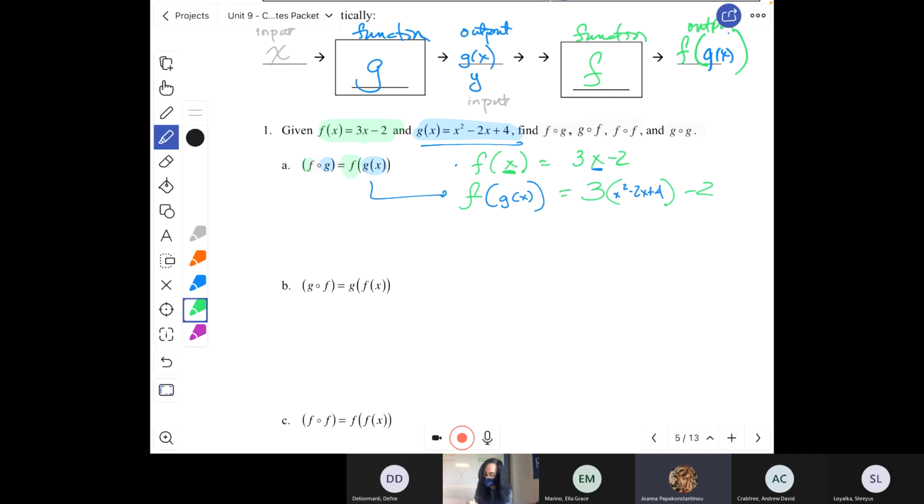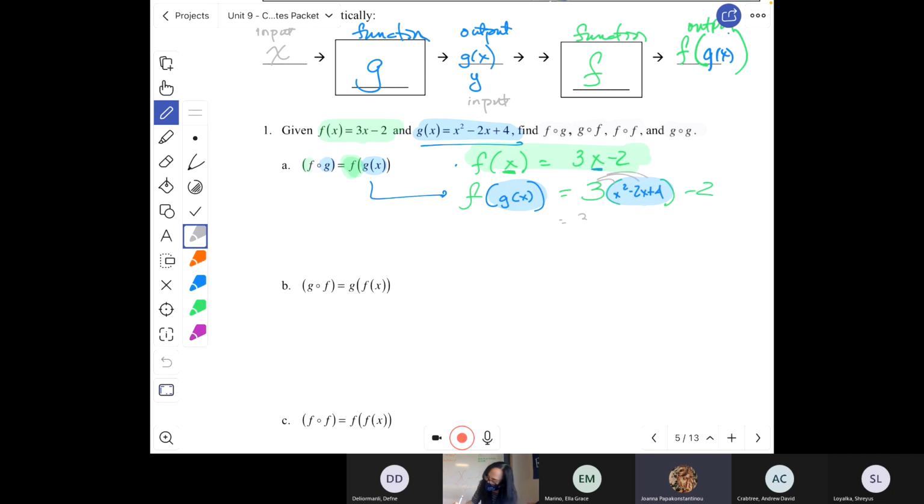Start with the big function on the outside, write it, and then show how you're feeding in the other function. Do you see how I just removed the x and replaced it with the other function? Now, what do I have to do? It's easy from there. Just distribute.